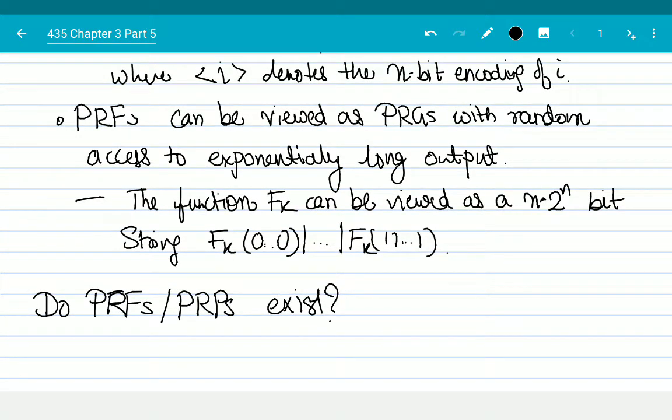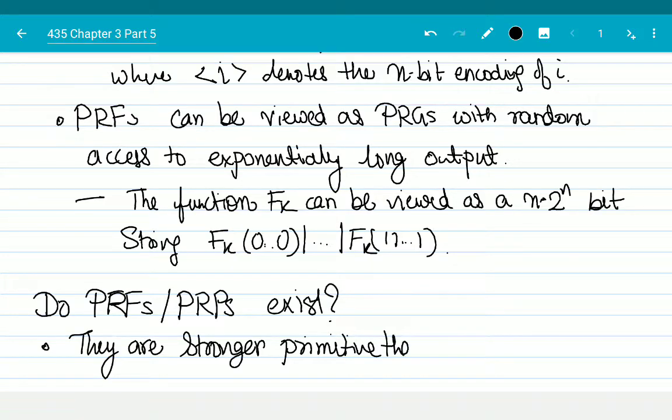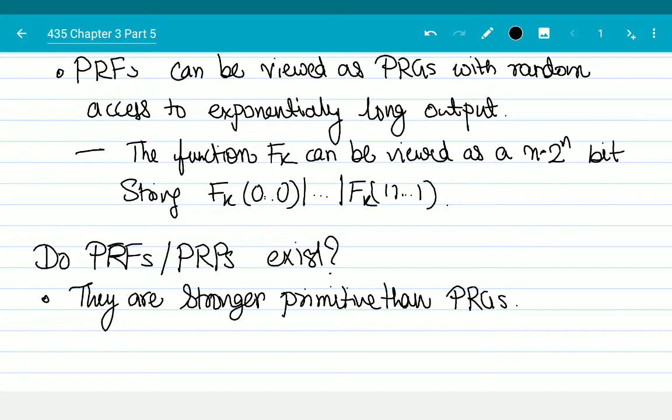Well, they are a stronger primitive than PRGs, right? Because if a pseudo-random function exists, then I can definitely create a pseudo-random generator from it. So pseudo-random function existing implies pseudo-random generator exists.